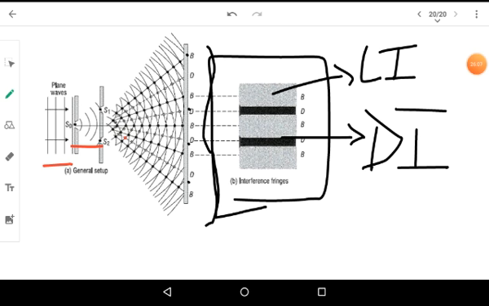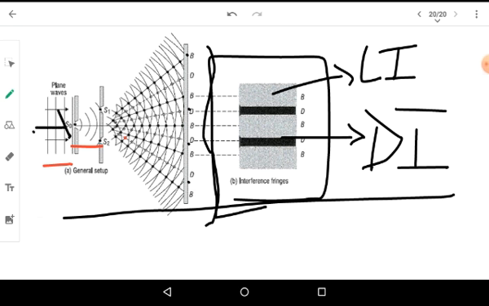Now, when this experiment was conducted with light, when light was passed through these slits, it showed the property of diffraction.